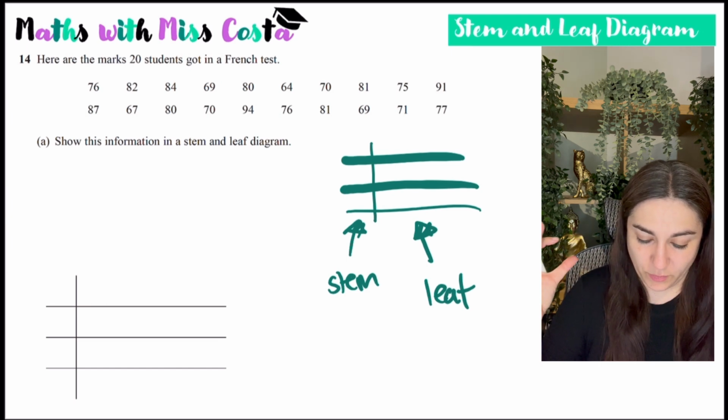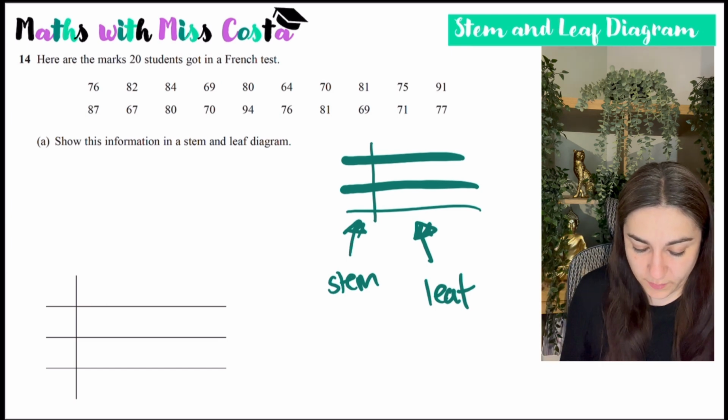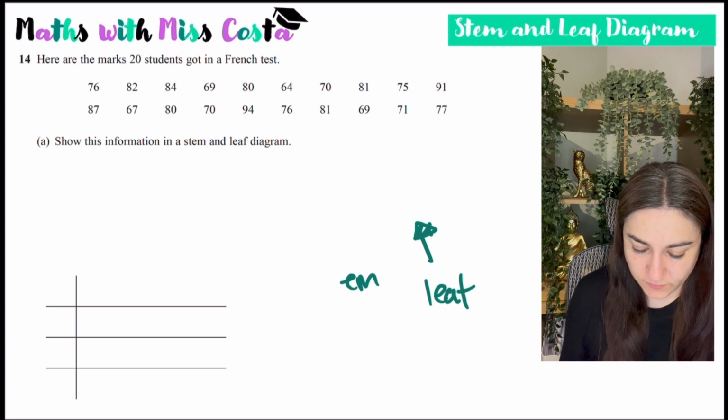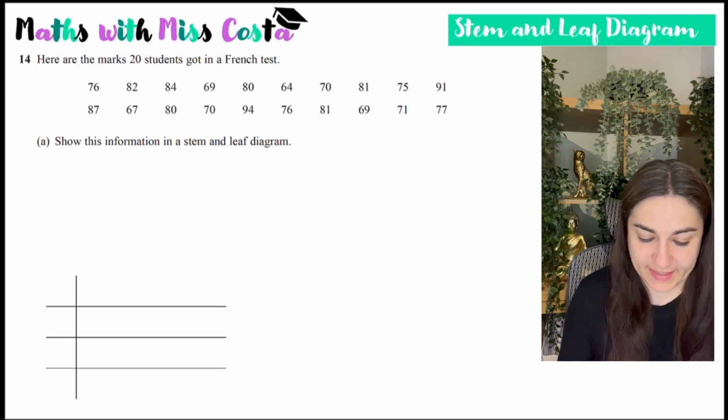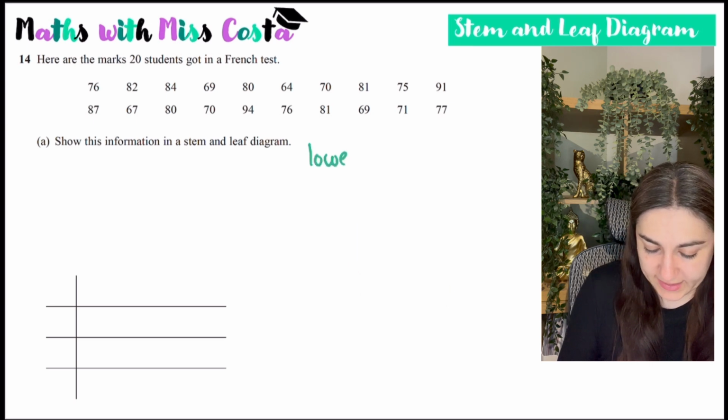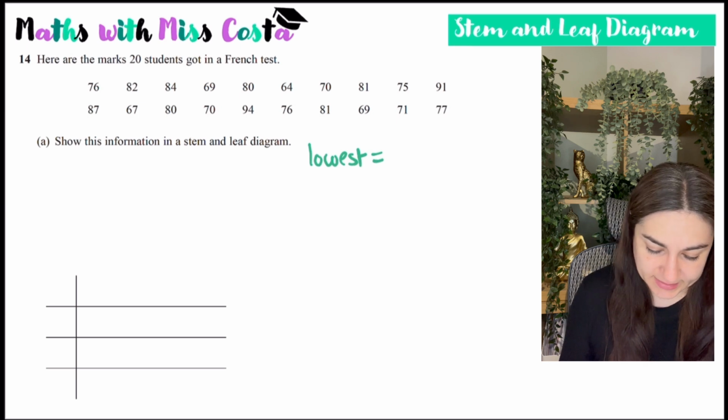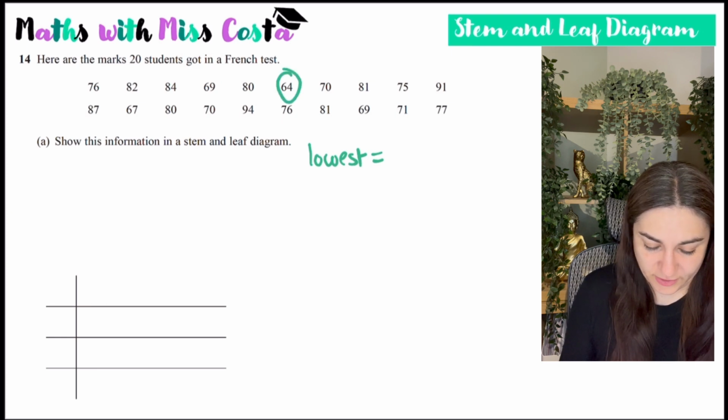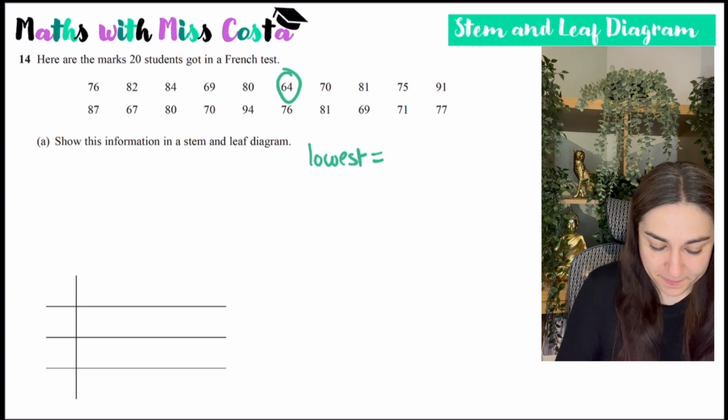So the first thing we might want to do is just identify what your lowest number is and your highest number, and then the stem and leaf thing will make more sense. So the lowest number is, I don't know, maybe 64. Just looking at this, there might be a lower number.